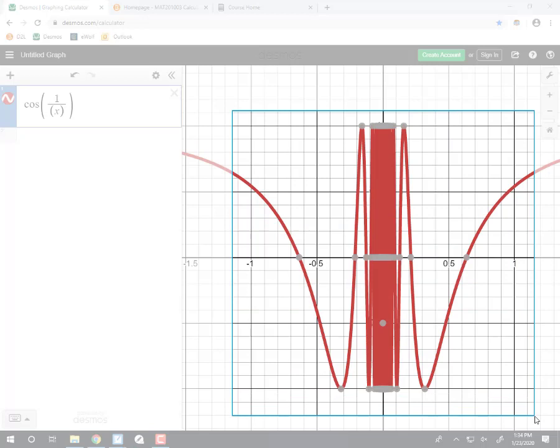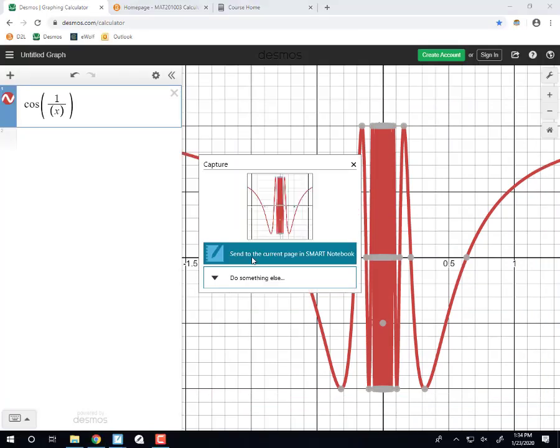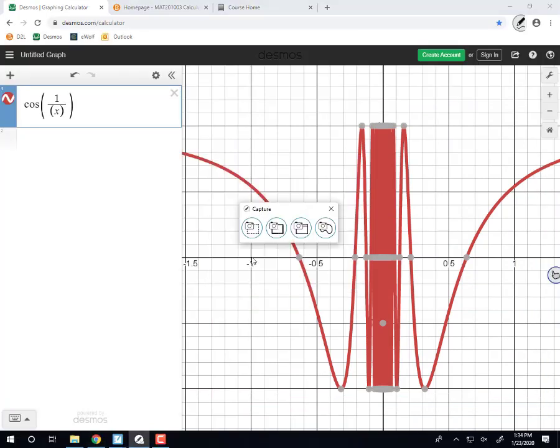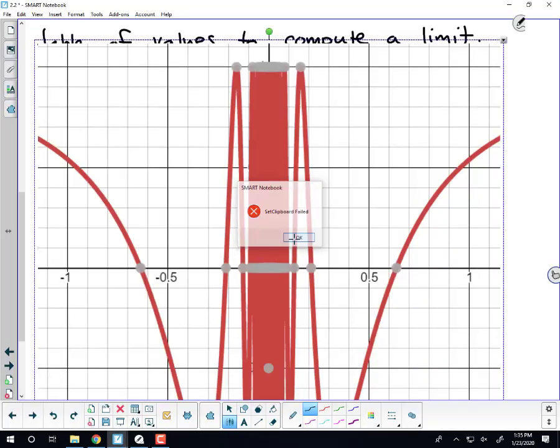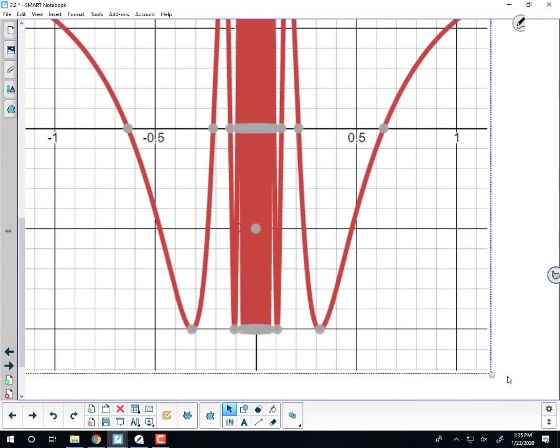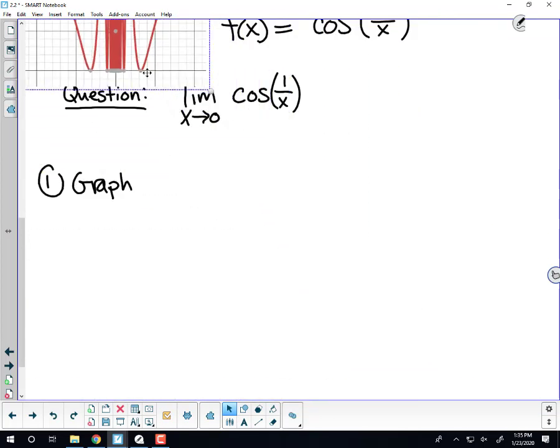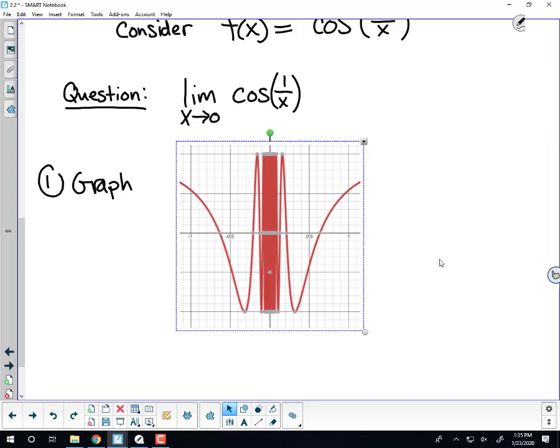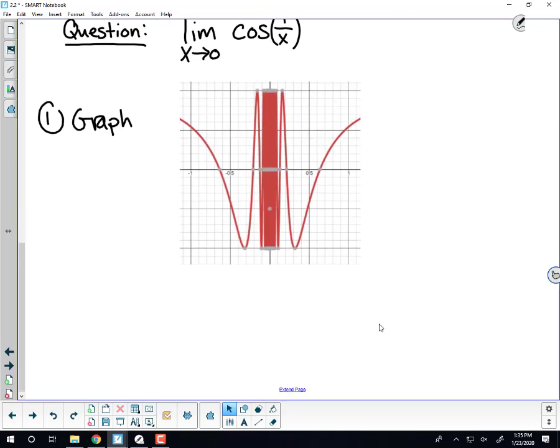Outside of 0, the graph could be somewhat useful, but at 0, where we're trying to figure out the limit, it's totally useless. Okay, so graph, no good. Is there a way to figure out the limit of that? You can't really interpret it from the right or left side either.